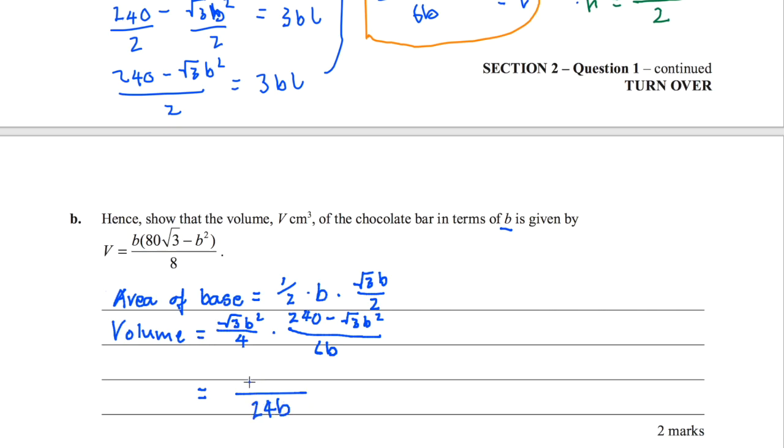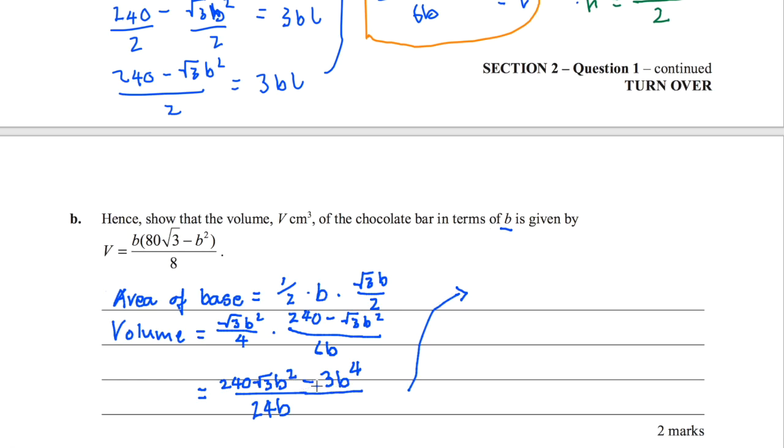In the numerator, if we expand root 3b squared into each term here, it's going to be 240 root 3 b squared minus, root 3 times minus root 3 is minus 3, so minus 3b, or b squared times b squared is b to the power of 4. So that's what you get there.